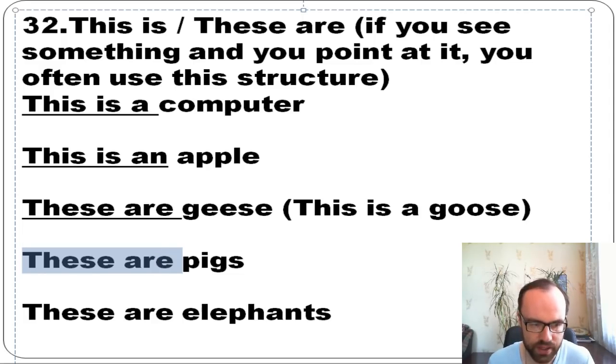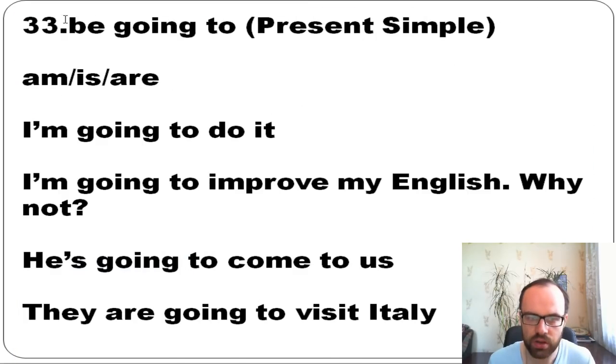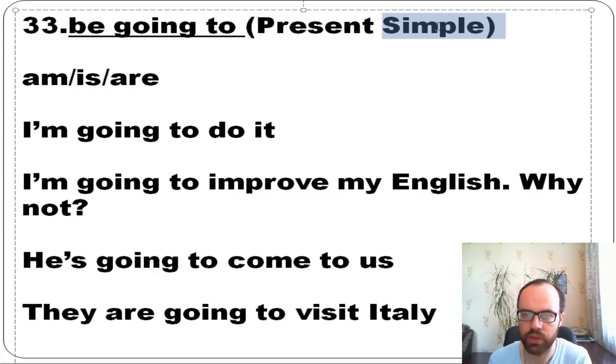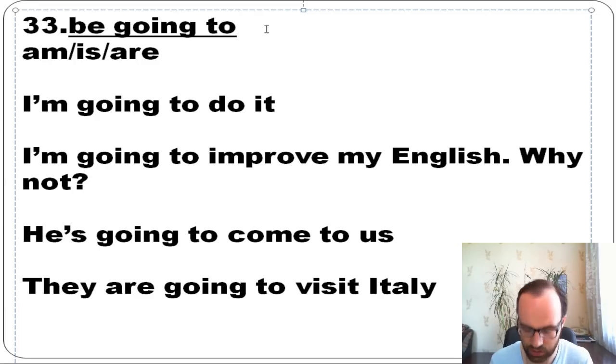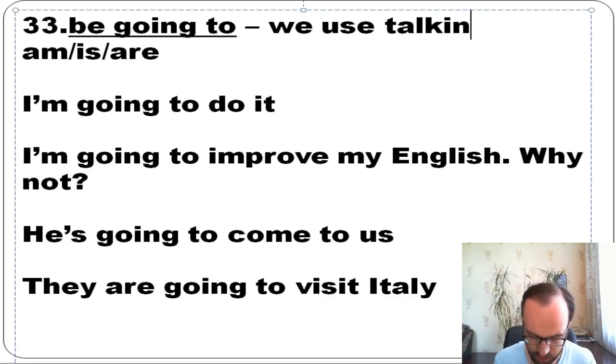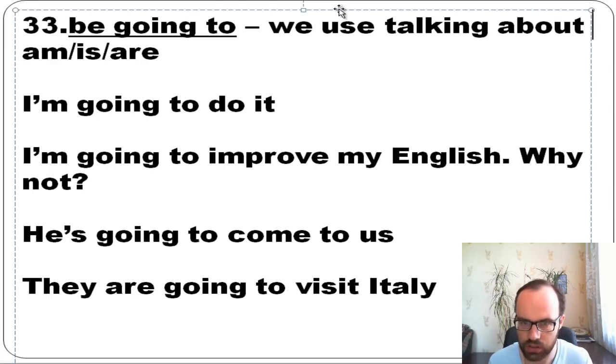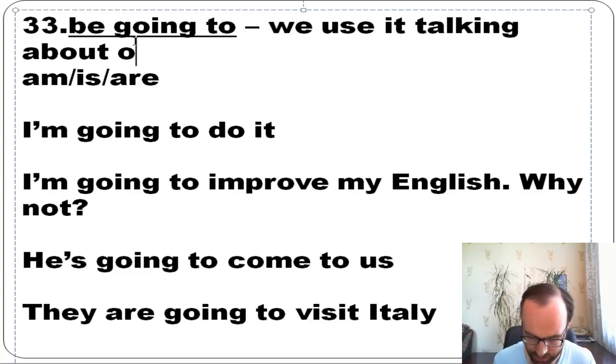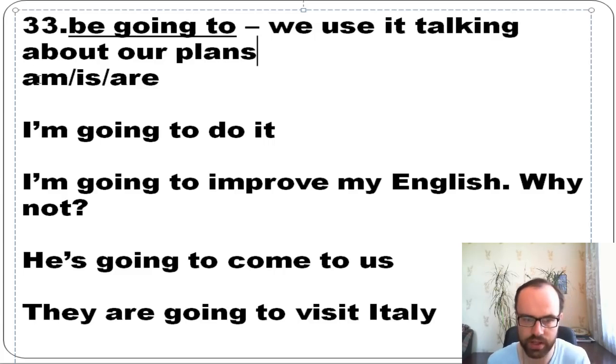Okay, so next. You know that there is one very good structure, be going to. We use it talking about the future. We use it talking about our plans. For example, I'm going to do it.